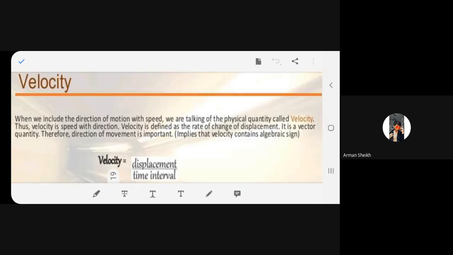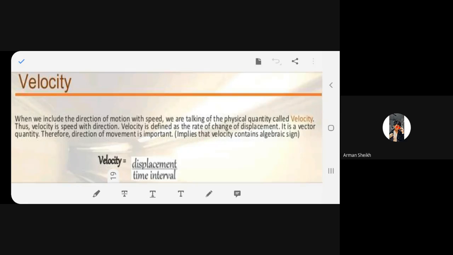Therefore, direction of movement is important. It implies that velocity contains an algebraic sign. What is the algebraic sign? Plus or minus, right? So when the direction of motion is included along with speed, that becomes velocity. Velocity is speed, but with direction.